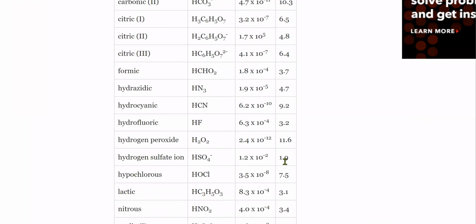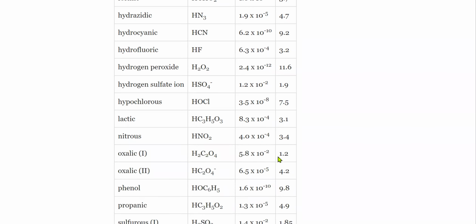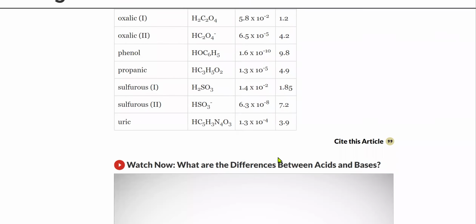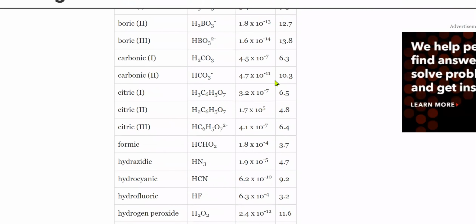If you go through the pK values, for example, 3.1, that's a relatively strong acid. You can see that the Ka value is high. This one is a really low pK value, which means it's a very strong acid, and the Ka value is high. The higher the pK value, the smaller the Ka value.